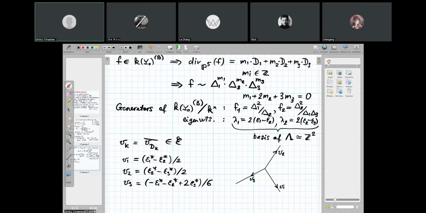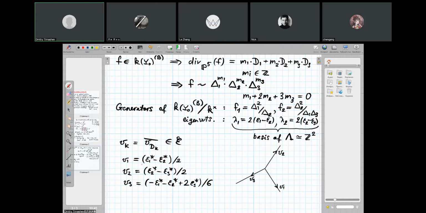And also for your convenience, let me draw this epsilon 1, epsilon 2. Since V1 is in the quotient space of lambda t, the representation of V1 is not unique, right? We just choose one. Yes.